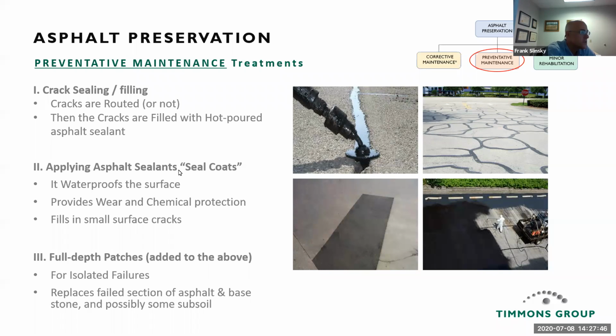Applying asphalt sealant or seal coats waterproofs the surface, provides wear and chemical protection, and fills in small surface cracks. And preventative maintenance also includes full depth patches added to the above. This is for isolated failures and replaces failed section of asphalt and base stone and possibly some subsoil.